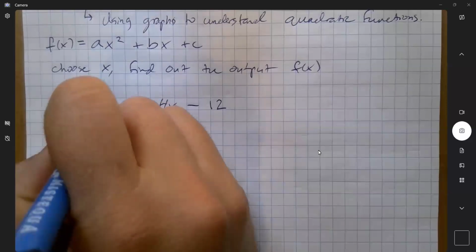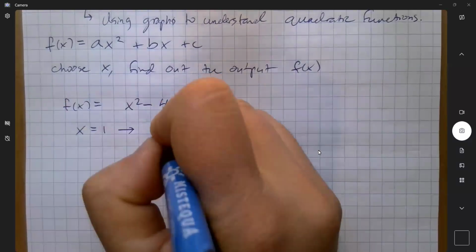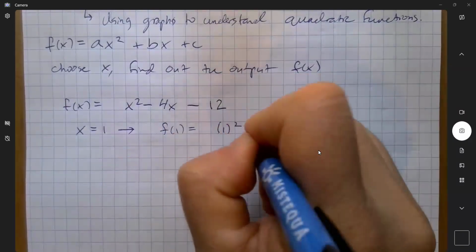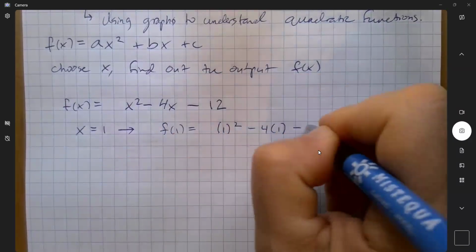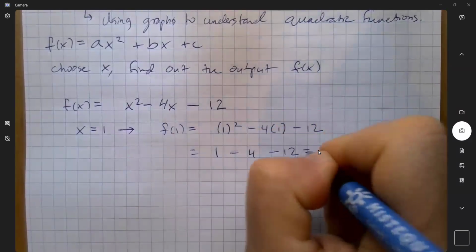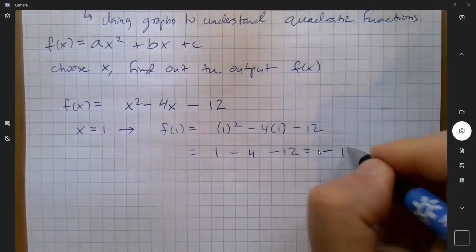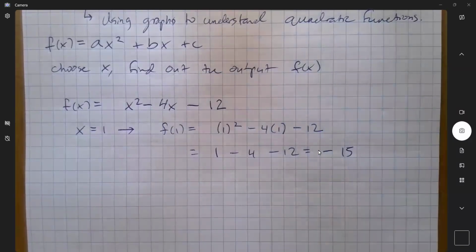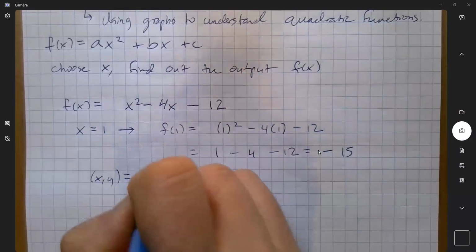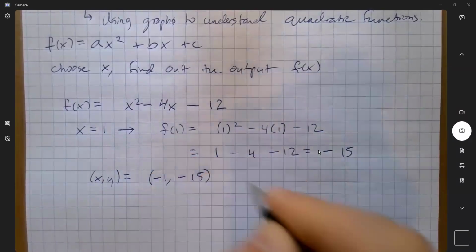I could say x equals 1. So the output should be f of 1. So it's going to be 1 squared minus 4 times 1 minus 12, which is 1 minus 4 minus 12, which is negative 15. So the coordinate point xy is going to be 1 comma negative 15.